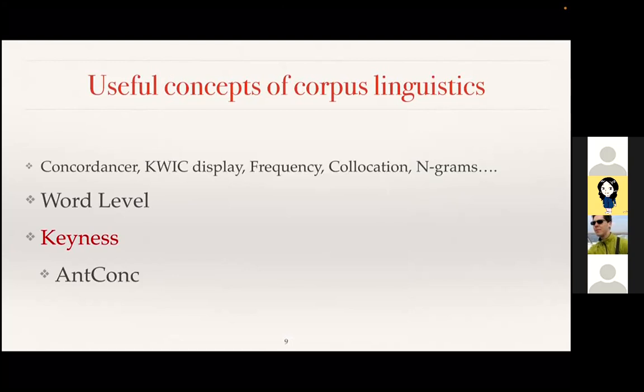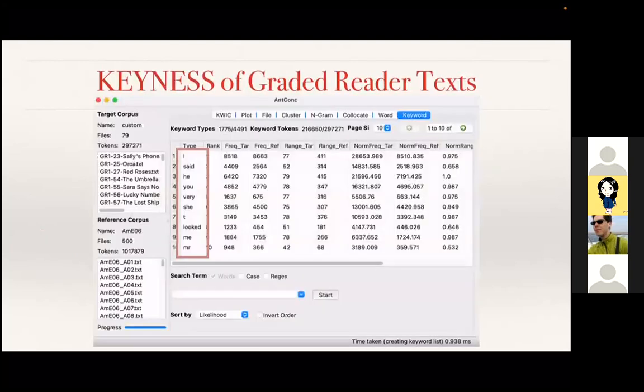The idea is that you take one corpus and compare it with another corpus and find what occurs more frequently in one corpus than in the other, using some kind of statistical calculation. Here's an example. I use a tool called AntConc. It's a kind of concordancer you can use on your computer.